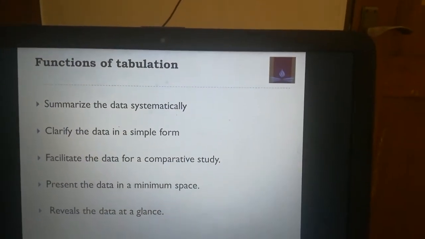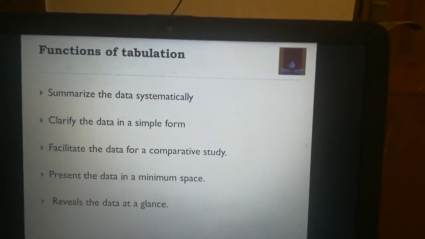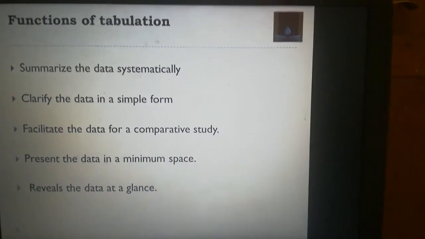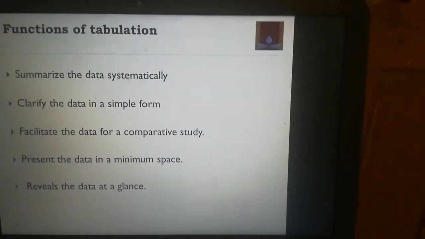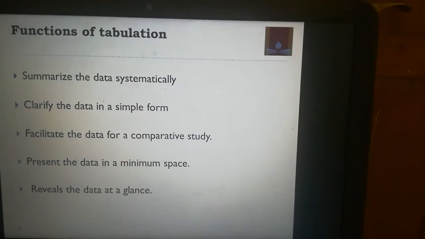Next one is the functions of tabulation. We could say that this table will clarify the data in a simple form. Next, it facilitates the data for a comparative study.